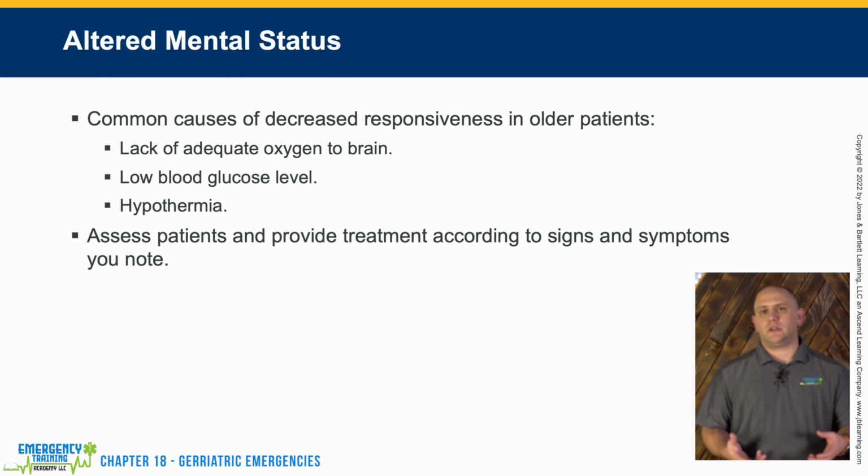So if you have a patient with altered mental status, we need to make sure we are doing a thorough examination, that we are checking their oxygen levels, that we're checking their glucose levels, and that we're checking their temperature, and that we're treating any of those signs and symptoms that we might see.